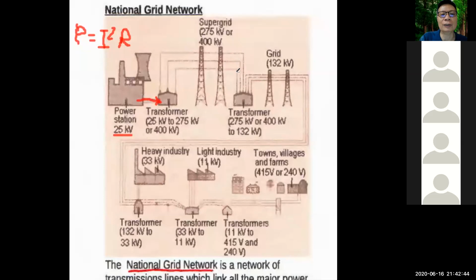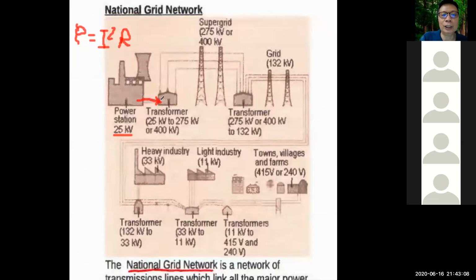This is a transformer again. Too high a voltage cannot be used, so I step down to 132 and then further step down to 33,000 for heavy industry areas, because industry areas need higher voltage.